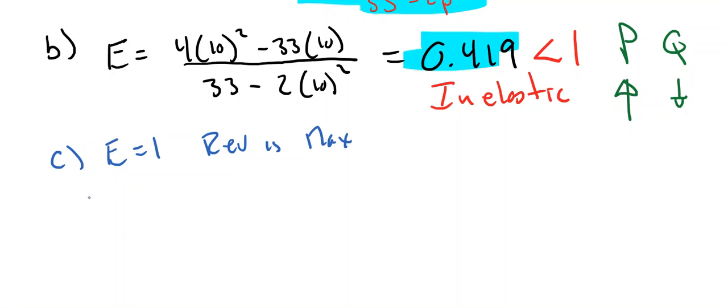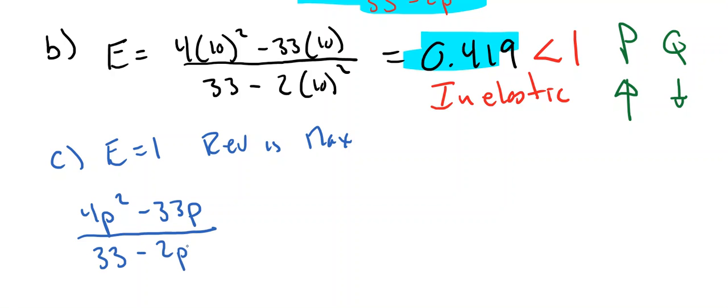So let's take our elasticity formula, which was 4p squared minus 33p divided by 33 minus 2p squared and set it equal to 1, and then solve this for p.